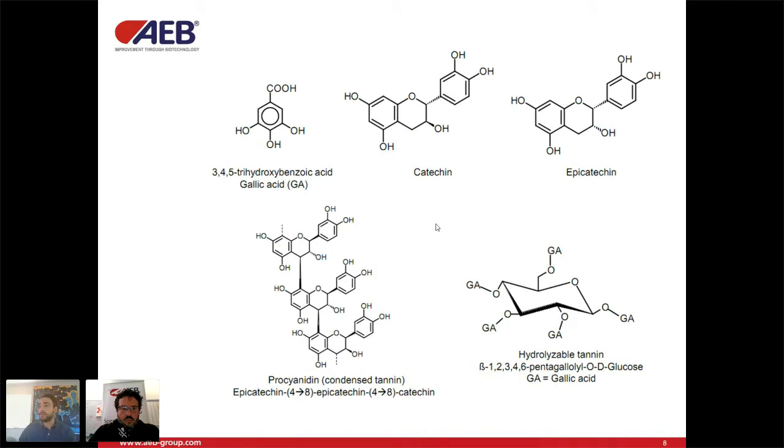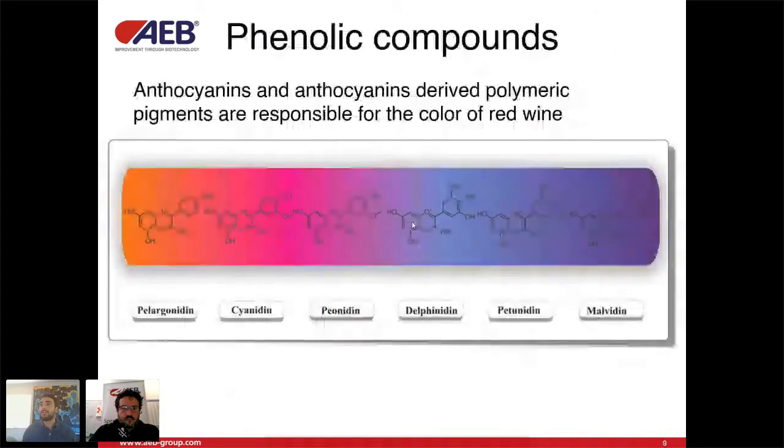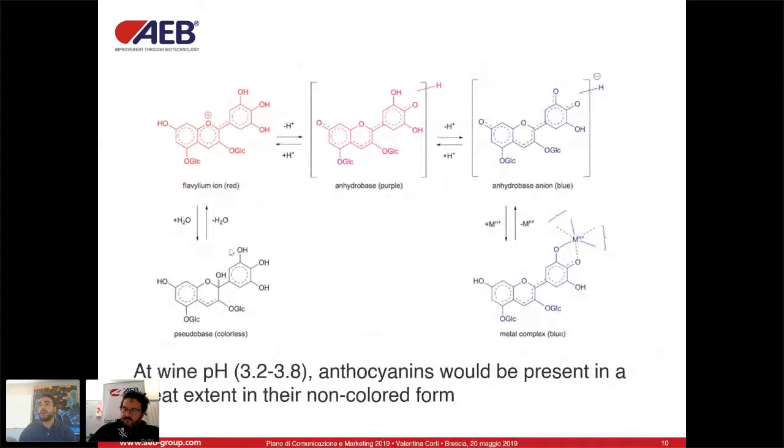Starting by analyzing the compounds, anthocyanins and the anthocyanin-derived polymeric pigments are responsible for the color of the wine. That is the first sign of quality. At the pH of the wine, which is around 3.2 to 3.8, anthocyanins are present mostly in their colorless form.